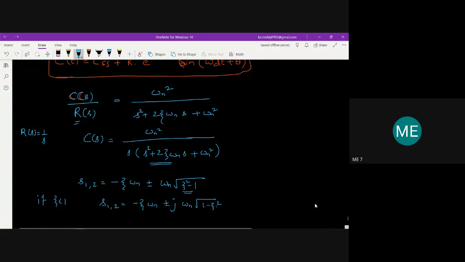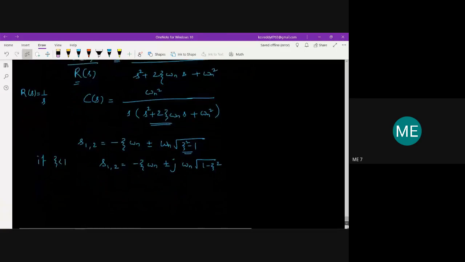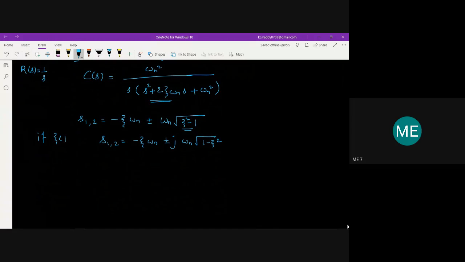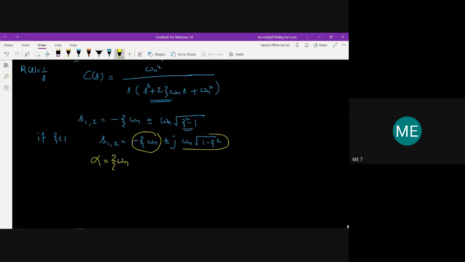Rather than writing this every time, as I'm going to substitute in the above equation, I'll replace this term with alpha equal to zeta omega n, and this term with the damped frequency of oscillation omega d.